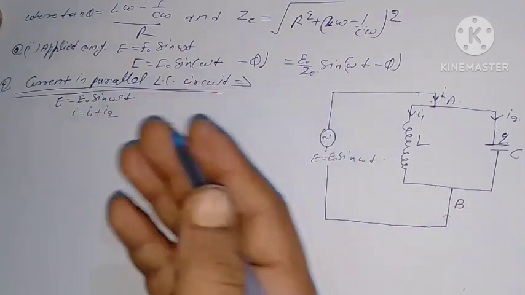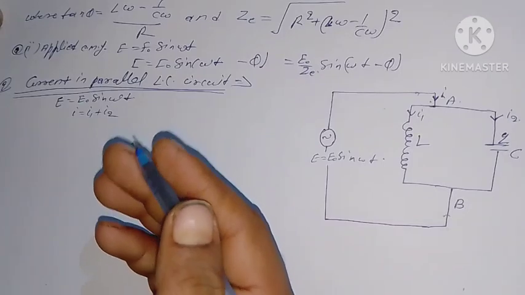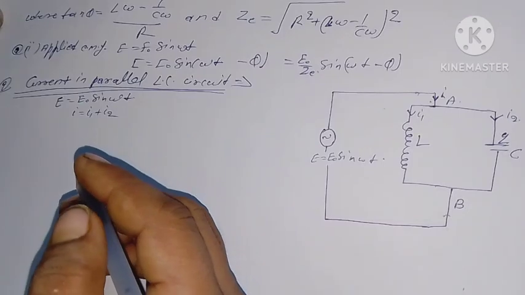Let the current through the inductance L vary at the rate di1 by dt.